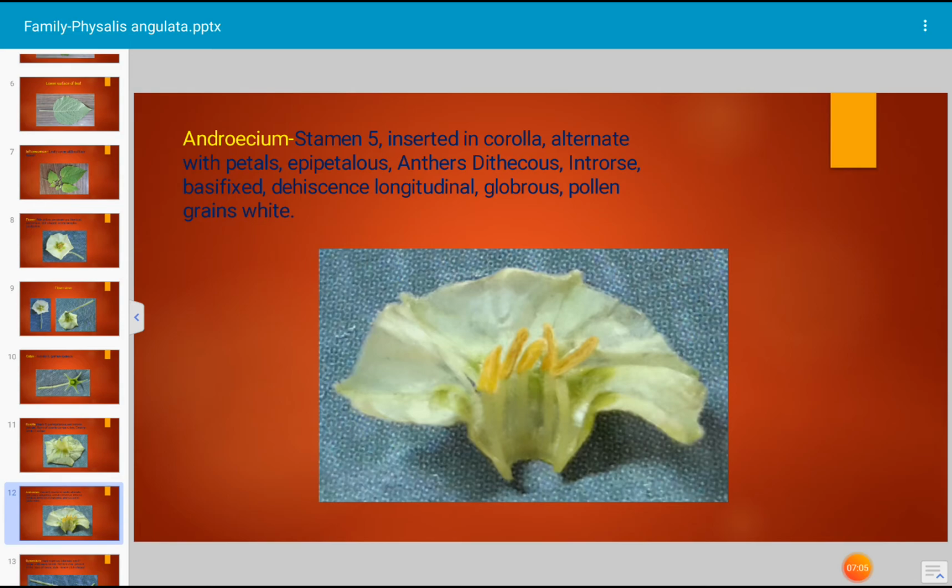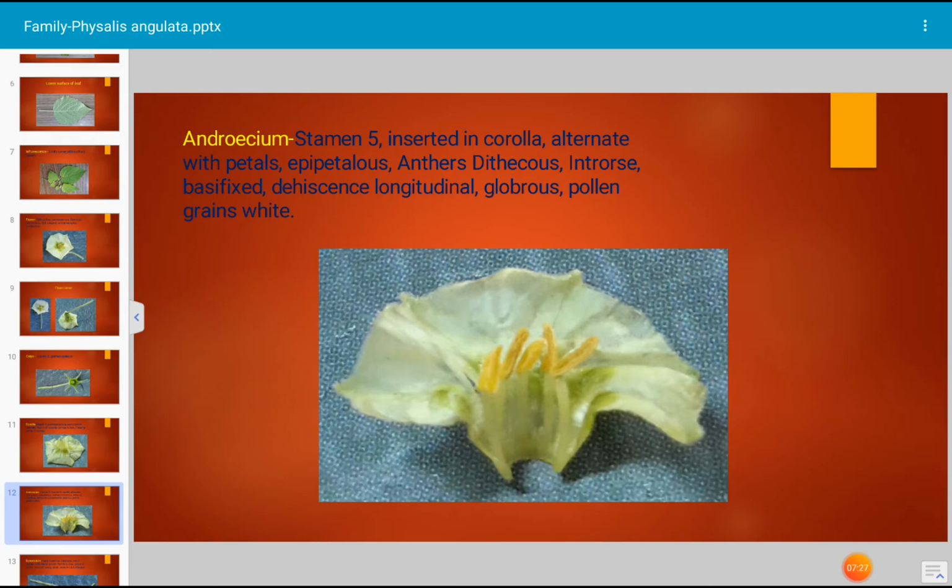Epipetalous, epi means upon, petalous means petal, that means the stamens are attached to the petals. Such a condition is described as epipetalous condition of the stamen. The stamens are fused with the petals.